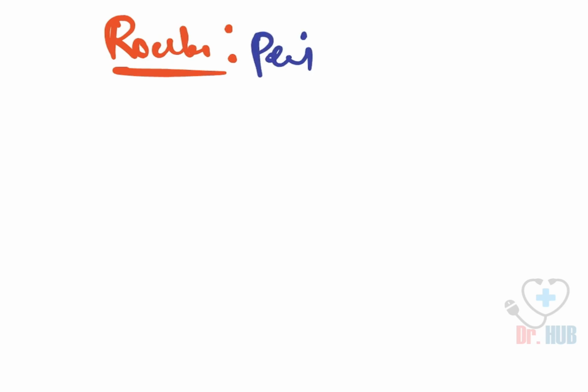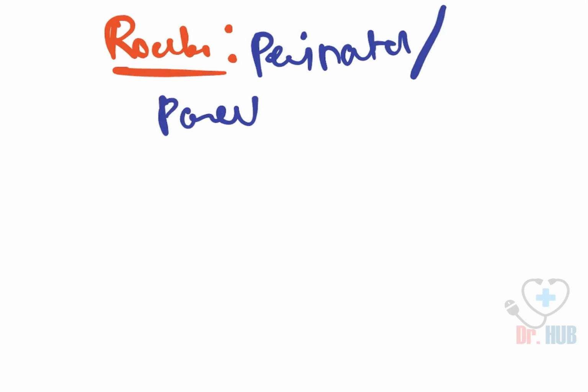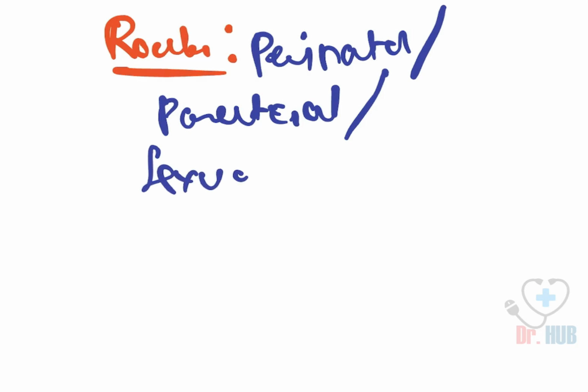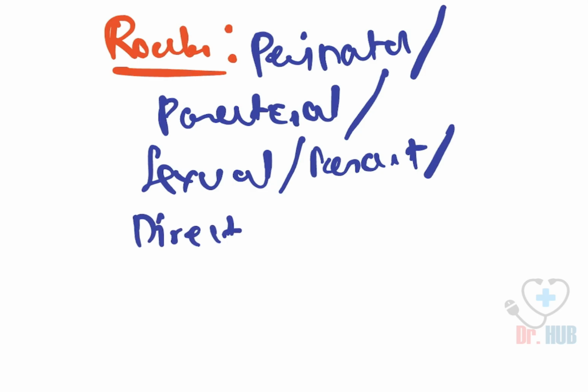How is hepatitis B transmitted? The routes include perinatal as well as parenteral. It can also be through the sexual route, the percutaneous, and direct mucosal contact.